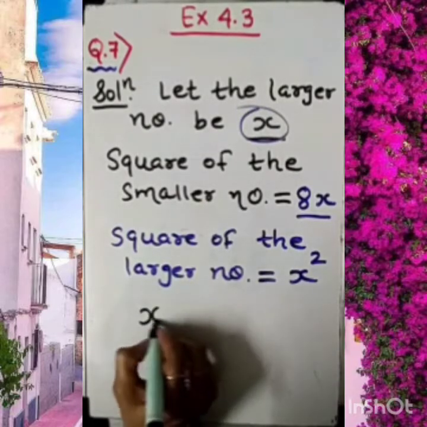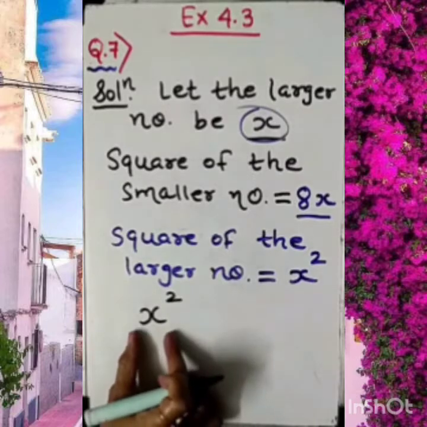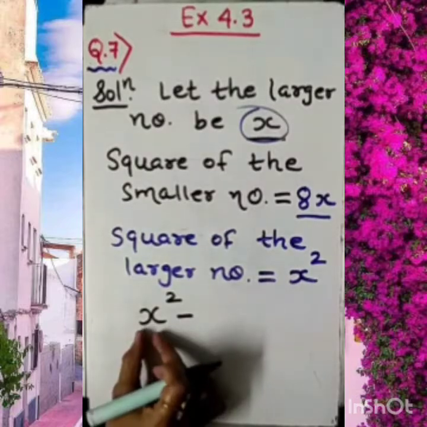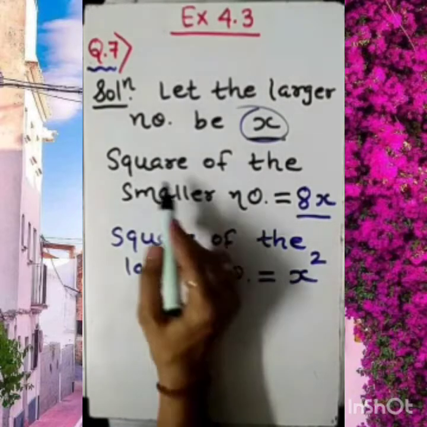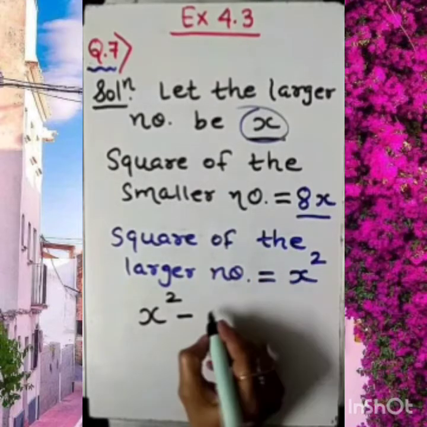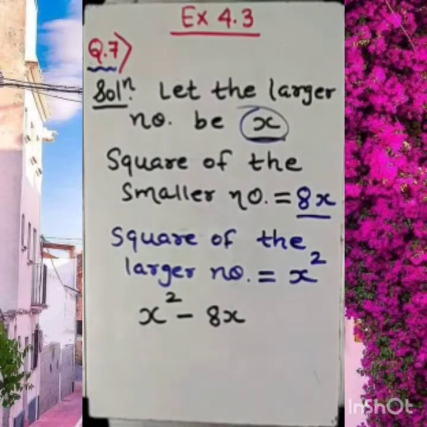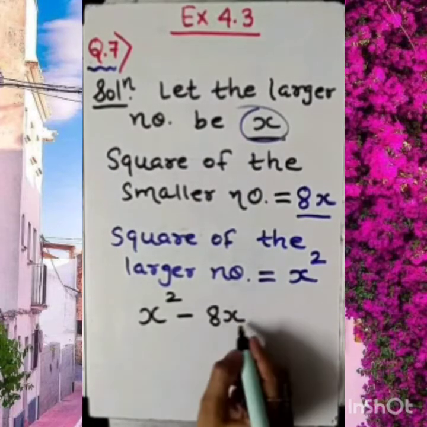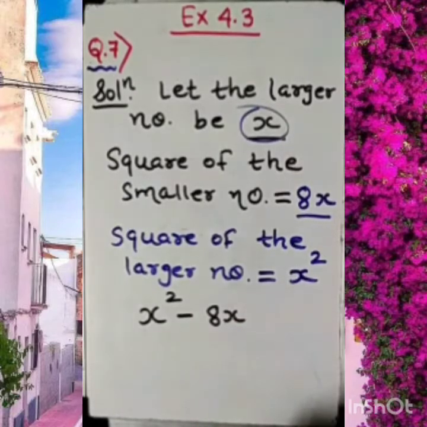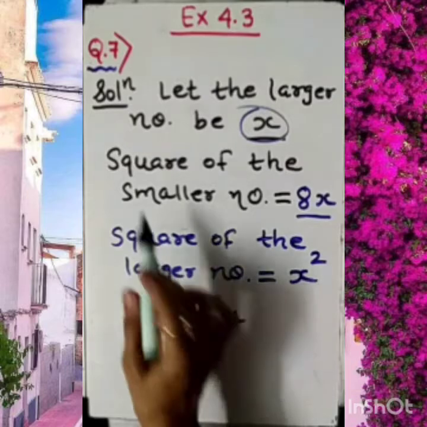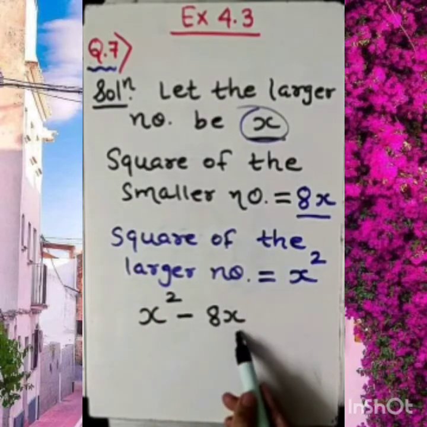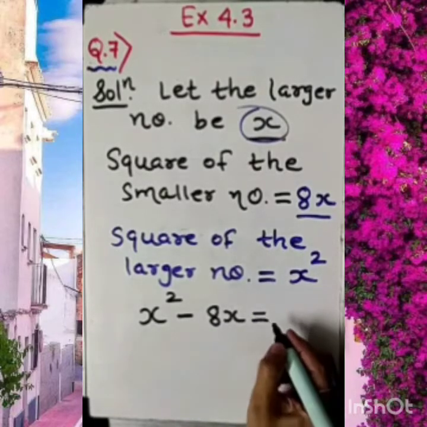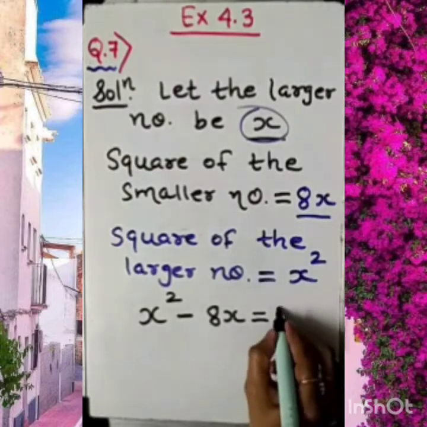It means the larger number's square, x square, minus the square of the smaller number, that is 8x. Be careful, don't square it again, because this is already the square of the smaller number. So x square minus 8x is the difference of larger and smaller squares, that is we are given 180.